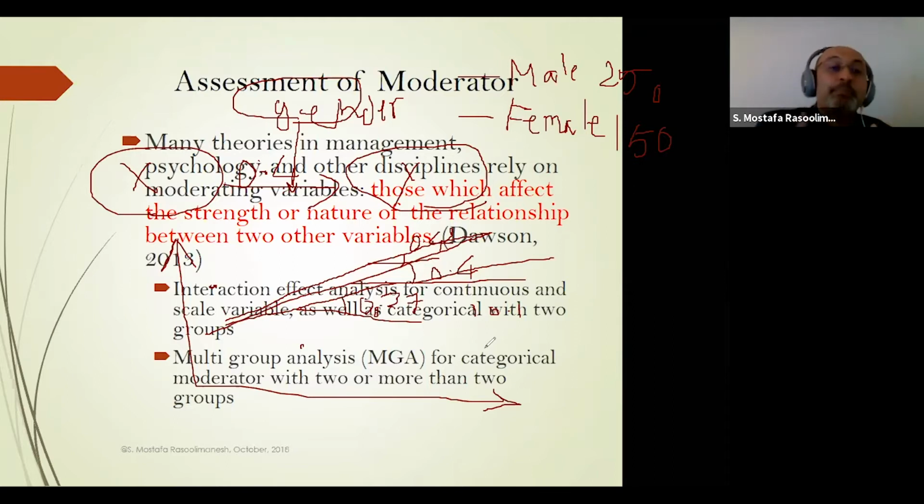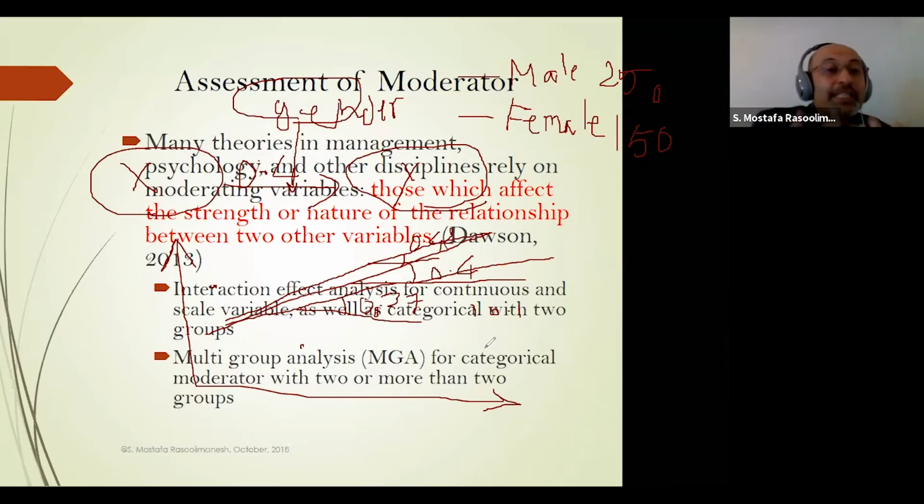Another way, which is a better way and which the literature suggests for hypothesizing a moderator, is to say, based on literature and theory, the effect of X on Y, the relationship between X and Y, is stronger for male compared to female, right?